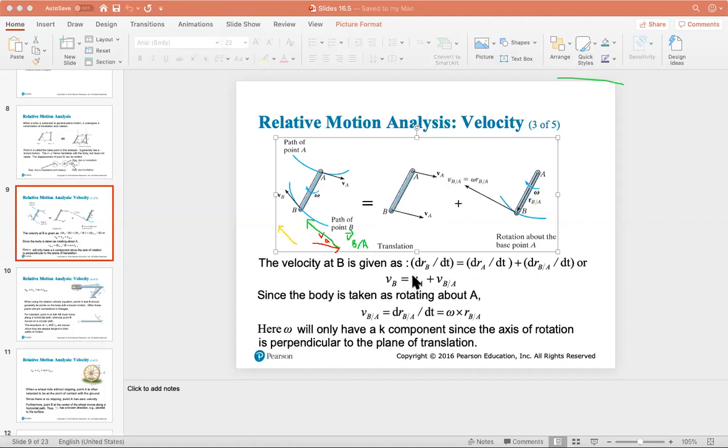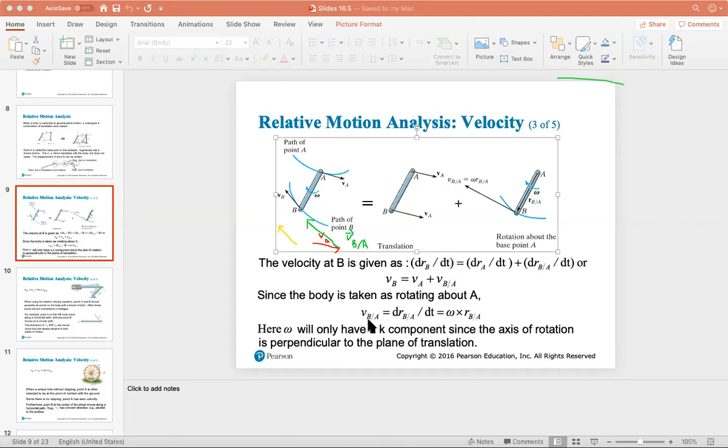So when we had just translations, the relative velocity vectors were zero. So this part here is the translation part. That's the red vector. And this part here must therefore be the green vector, and it's just a rotation. Okay, so that's the point.